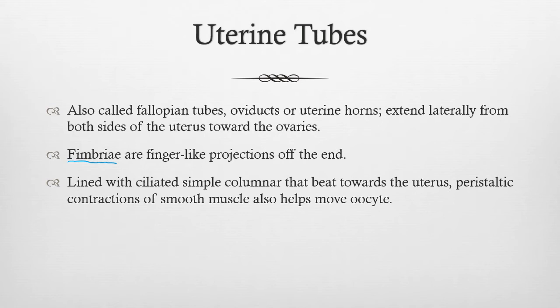Your fingers as they surround your fist are kind of like the fimbria themselves. They have ciliated cells inside of them. So ciliated simple columnar epithelium lines the inside there. And that's going to help to push that oocyte towards the uterus, as well as through smooth muscle contractions, giving peristaltic waves, moving that oocyte towards the uterus.